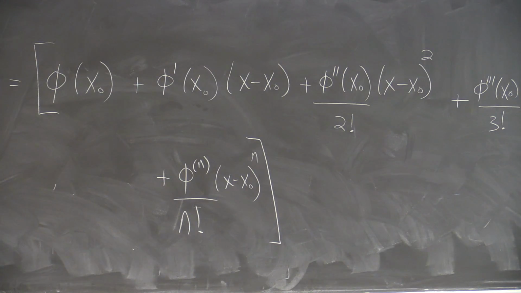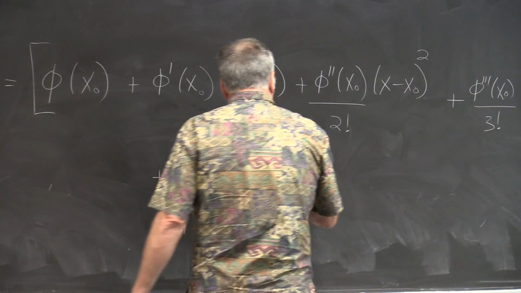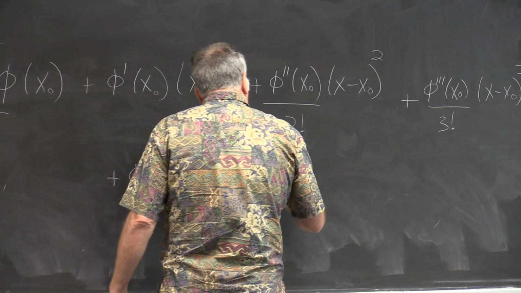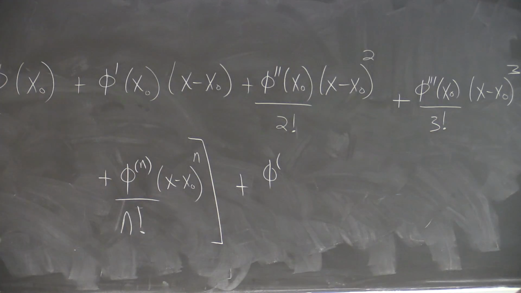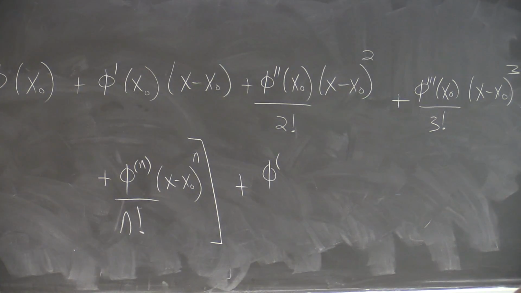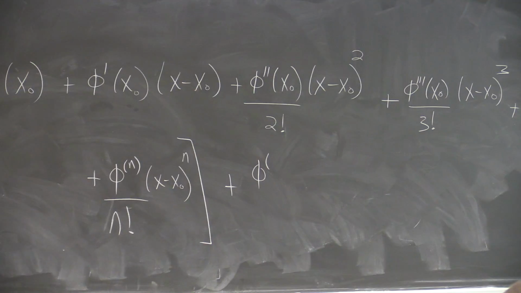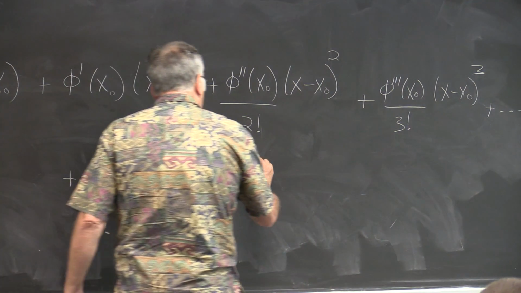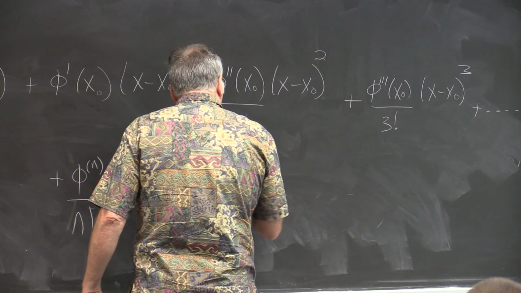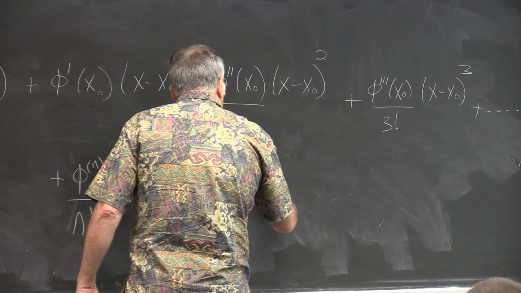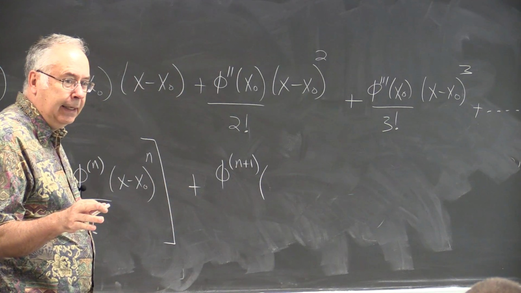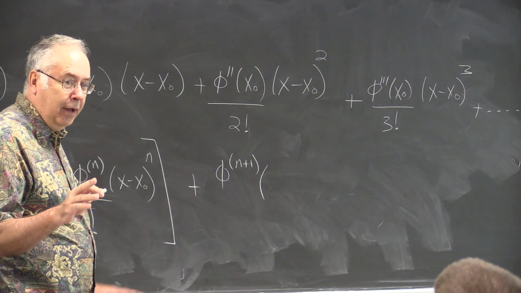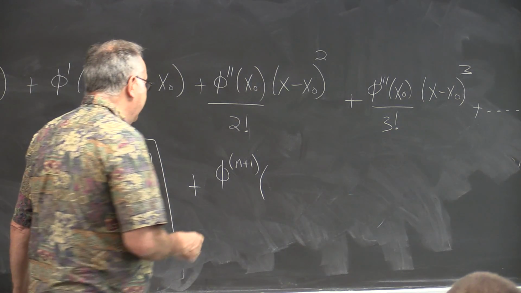Then you have your remainder term, R sub n, which is just this, phi. And the order of the derivative, that's the way we should say it, is what? N plus 1. So it just follows in sequence. Evaluated at P. Yes, you were asking about that earlier.